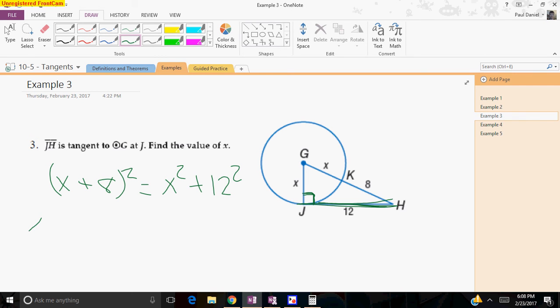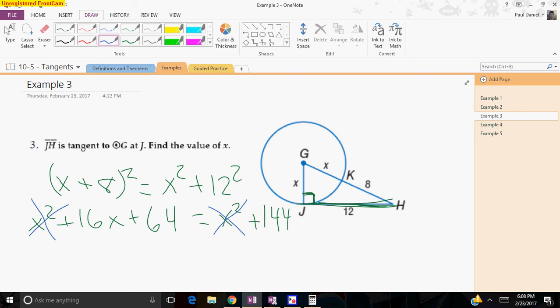X plus 8 squared is x squared plus 16x plus 64. That needs to equal x squared plus 144. If I subtract x squared from both sides, those terms would go away. If I subtract 64 from both sides, I'll end up with 16x is equal to 80, or x is equal to 5.